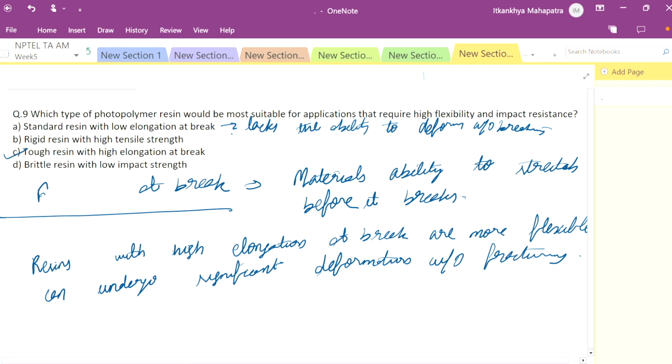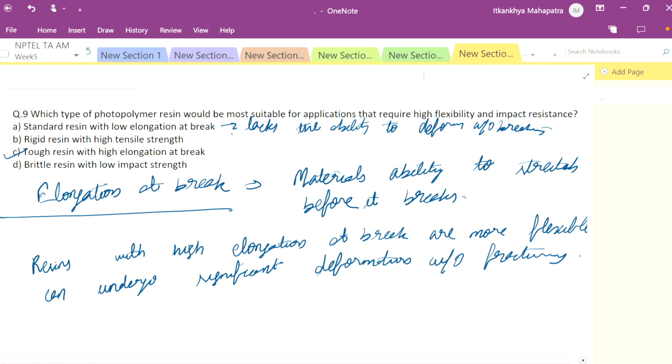Rigid resin with a high tensile strength would provide stiffness but not the flexibility and impact resistance needed for the specified application.